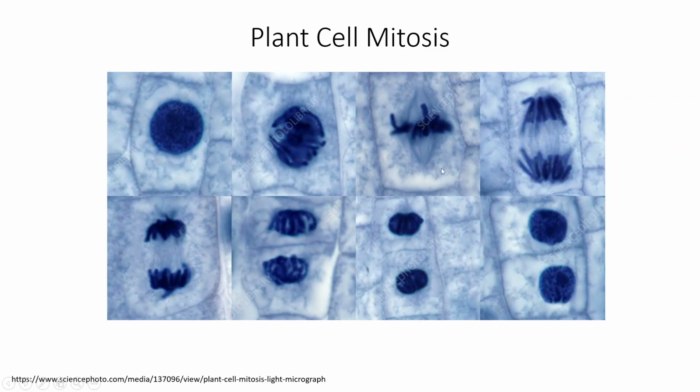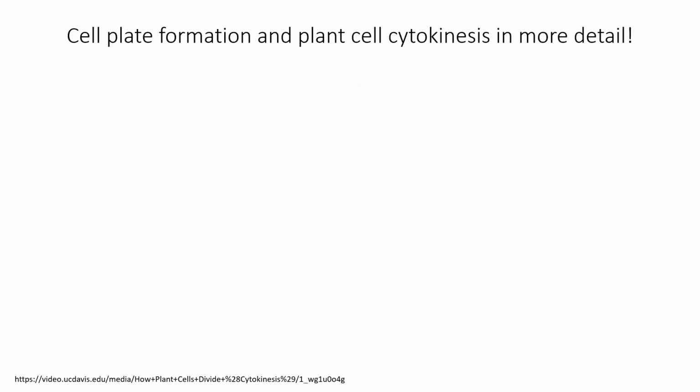So that's because plant cells don't have a centrosome. It's an animal cell thing. So they have these sort of diffuse foci that help organize these microtubules or spindle fibers for pulling apart the chromatids. That's another important point of difference between plant cell and animal cell cytokinesis and mitosis in general.